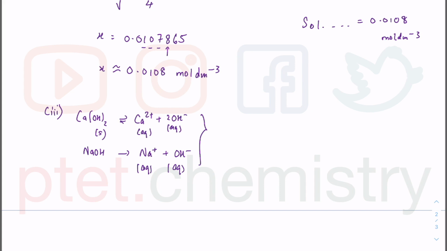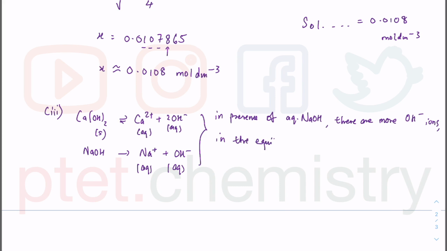So in the presence of aqueous sodium hydroxide, there are more OH⁻ ions in the equilibrium.